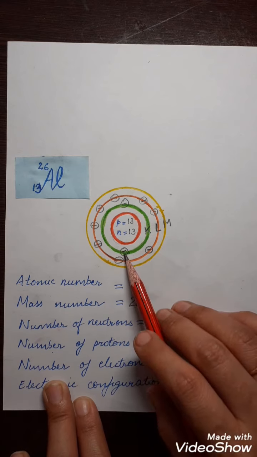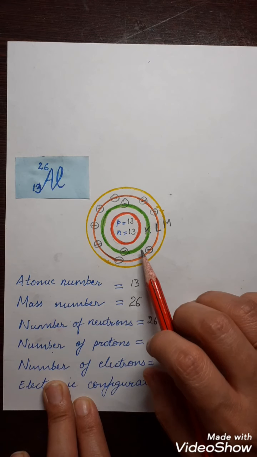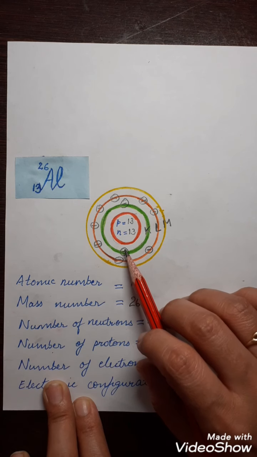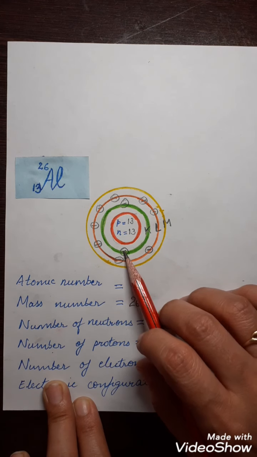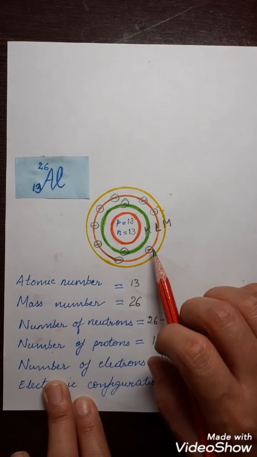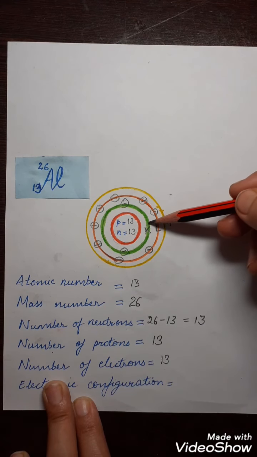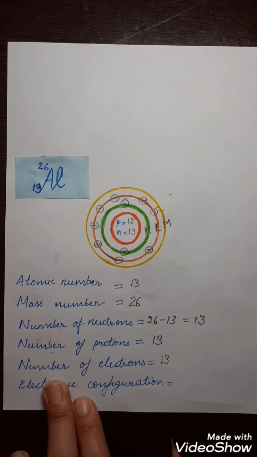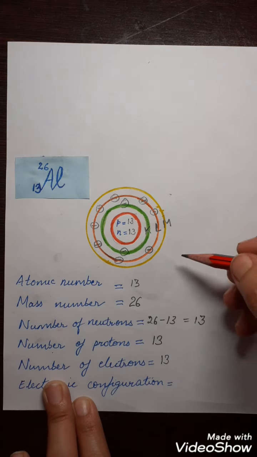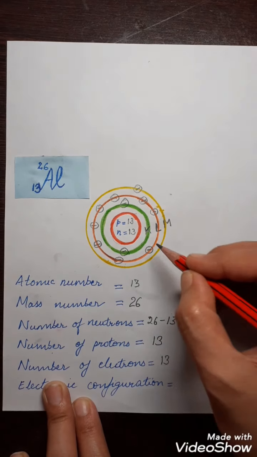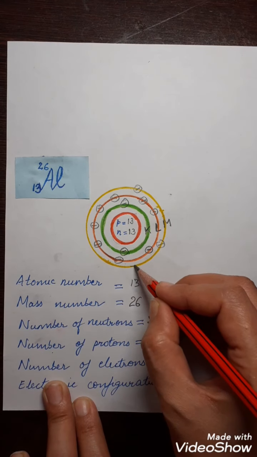So 2 electrons in K shell and 8 electrons in the L shell. So how many electrons are now in the shells? 2 plus 8, 10 electrons are already arranged in the 2 shells K and L. So how many are left now? 13 minus 10, 3 electrons are left. So the last shell, the M shell, will have 3 electrons: 1, 2 and 3.